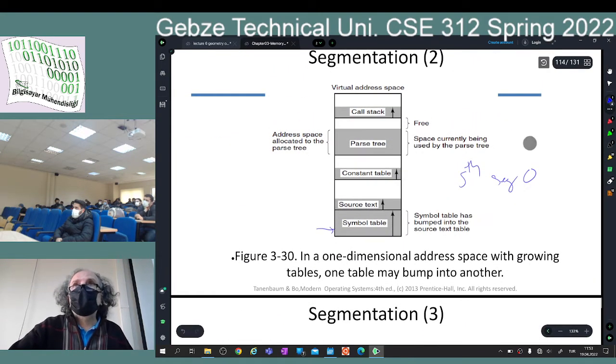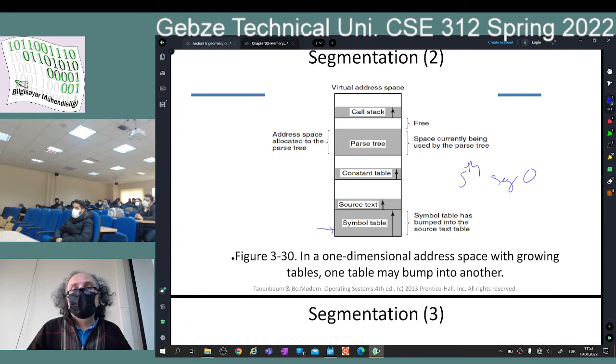I think it's more complicated than paging. You mean when you compare it to paging, it is more complicated for the hardware? No, or for the software, you mean as a programmer? Yes. Well, if you don't like this idea, just use one segment.